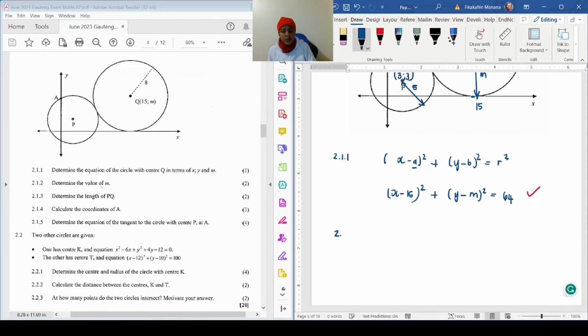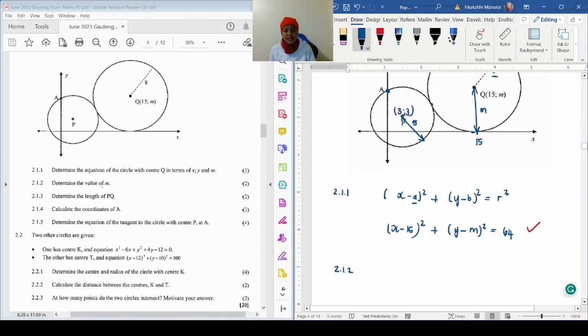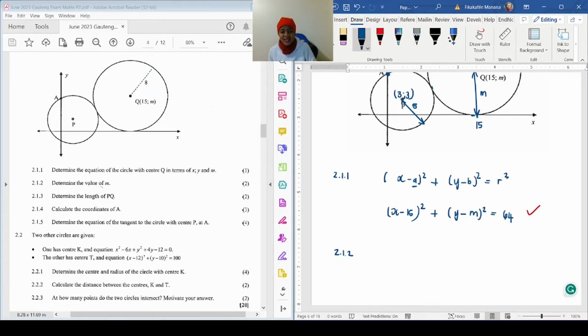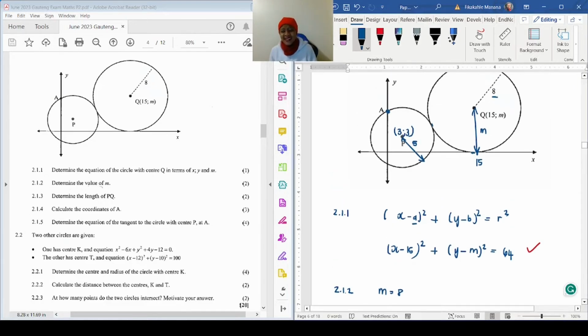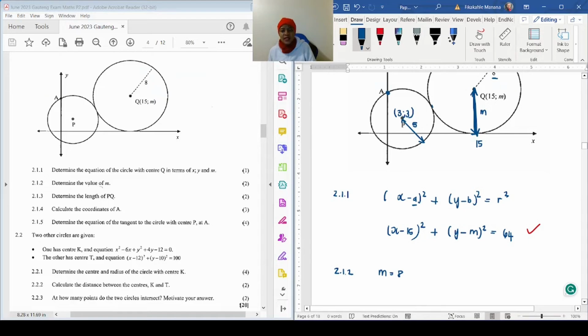And now 2.1.2, determine the value of m. We have already established that m is actually 8, but that's 2 marks. Are they expecting us to explain why? You can see here the distance from the center to the circumference is m. So your y coordinate is equal to m, and m is equal to the radius.